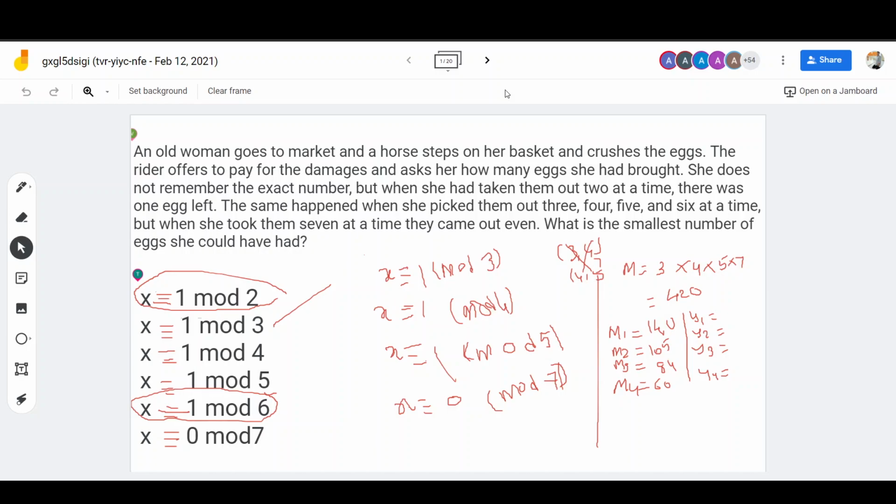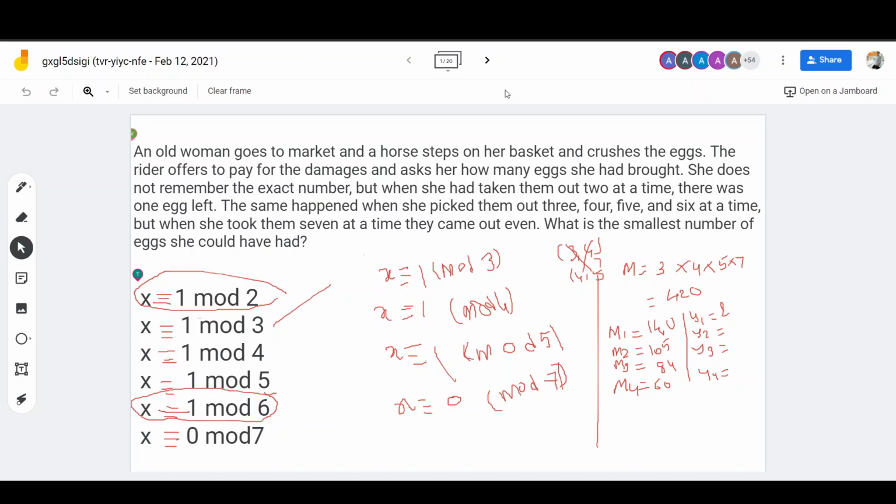The remainder is 2. So you need to find 2 inverse mod 3 only. 2 inverse mod 3 means 2 twos are 4, that's why the inverse value is 2 here. So y1 value is going to be 2. The same way you need to find all the values.